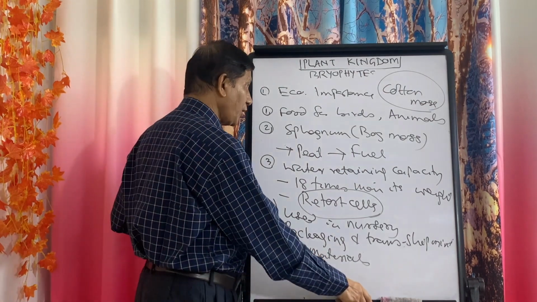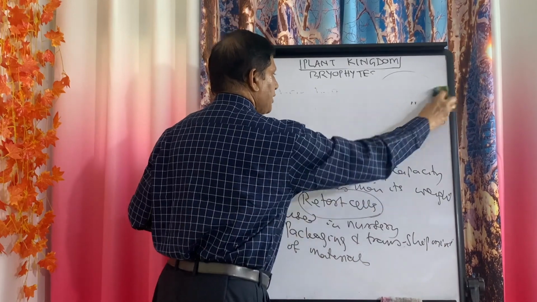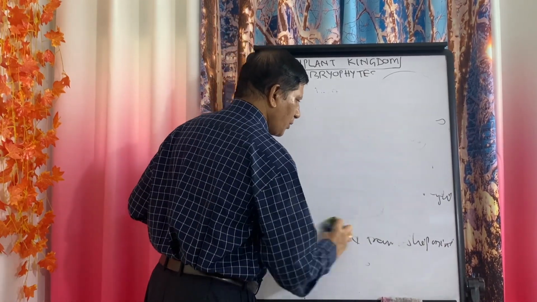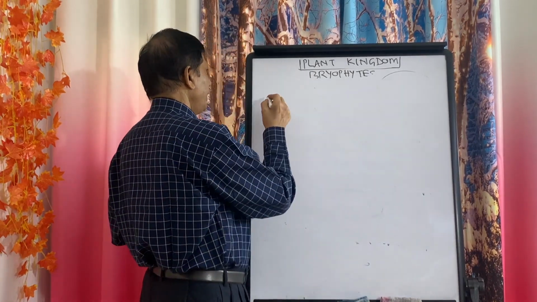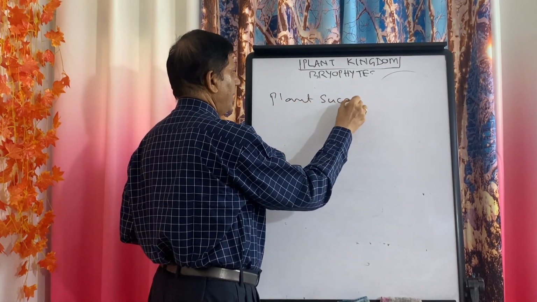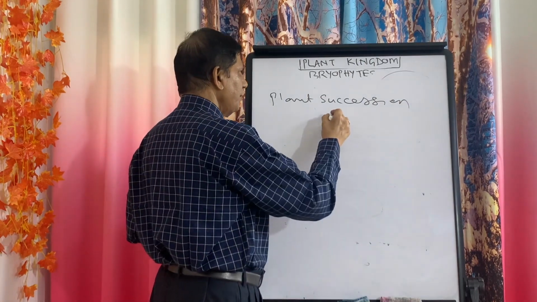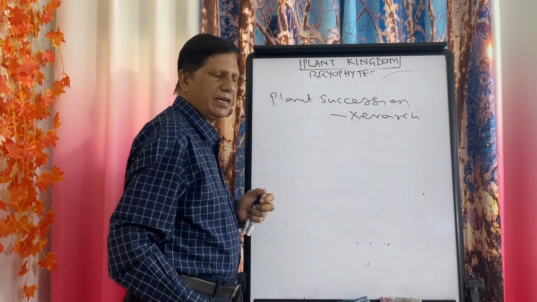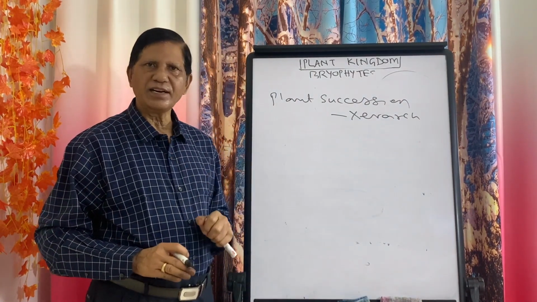If we come to the ecological importance, it plays a very important role in soil formation, because it plays a very important role in plant succession. Plant succession is of two types, hydrarch or xerarch. In xerarch condition, first it is the lichen stage.